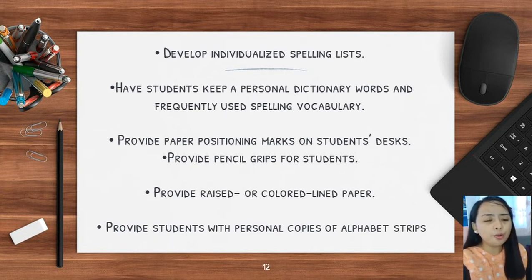Next is provide paper positioning marks on students' desks. We are all familiar with this because not all of our students are left-handed. Some of them are right-handed, right? So one way to encourage legibility with handwriting and ease of written work is to address paper placement and paper positioning on the desk.